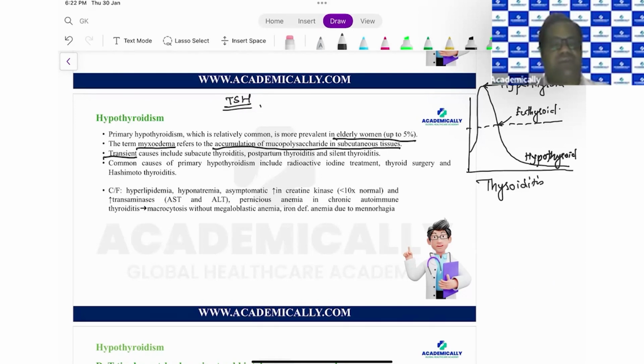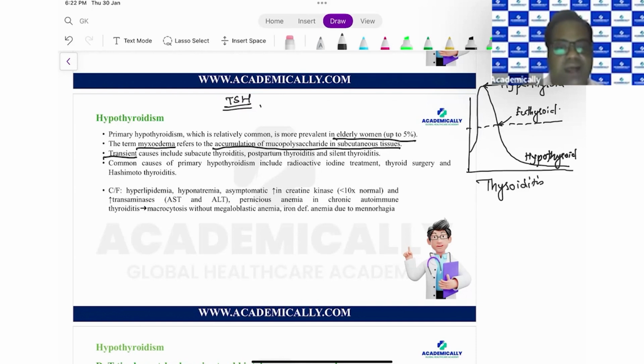So there is a time when this excess hormone gets exhausted, and slowly and steadily the person moves into the phase of hypothyroidism. When the person is moving from hyper to hypo, there is a small phase when thyroid hormone levels will be normal, and that is called the phase of euthyroidism.